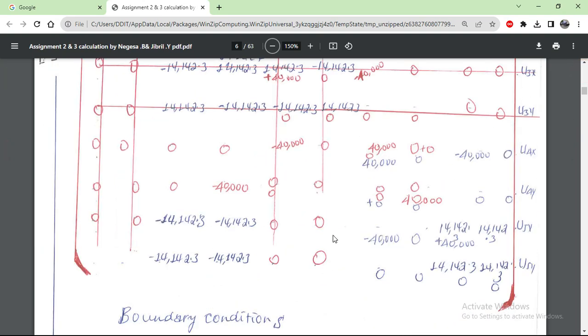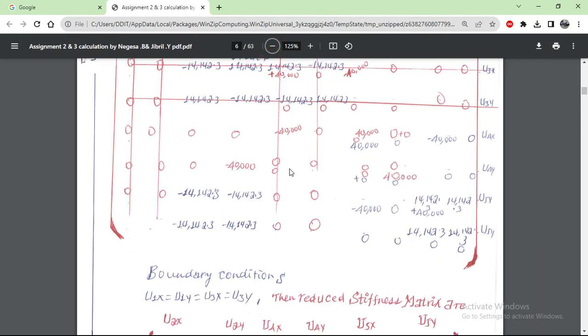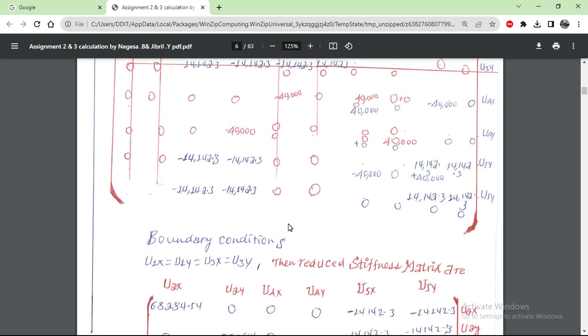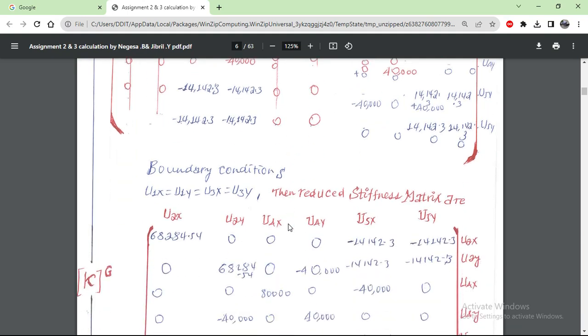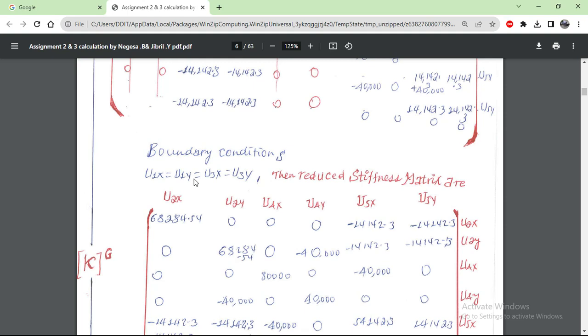After eliminations, we should determine the boundary conditions. U1x equal to U1y equal to U3x equal to U3y, because we have no displacements at these points. They are fixed at point number 1 and number 3. Then the reduced stiffness is like this one.